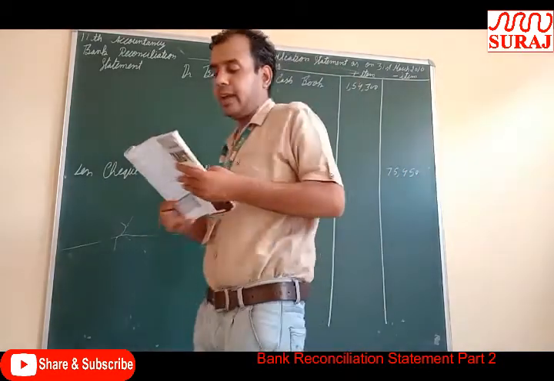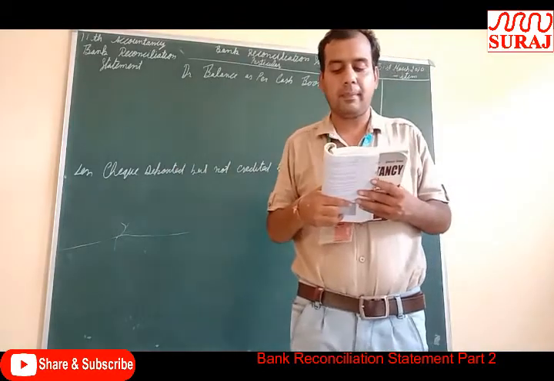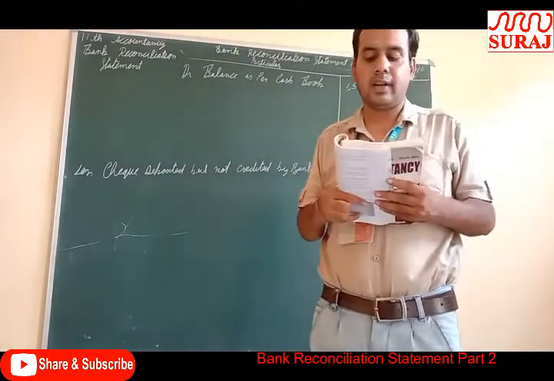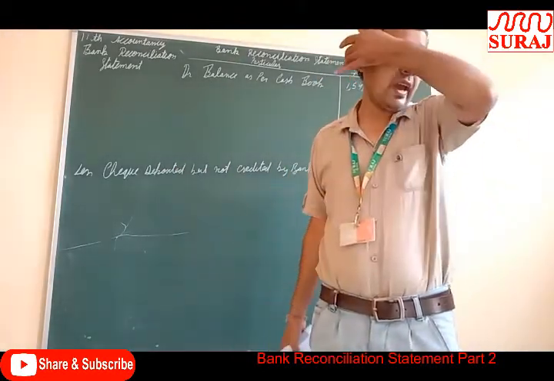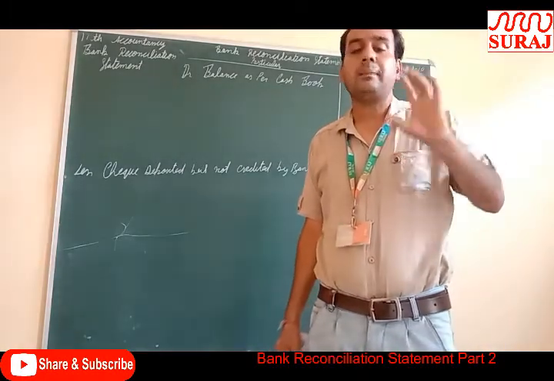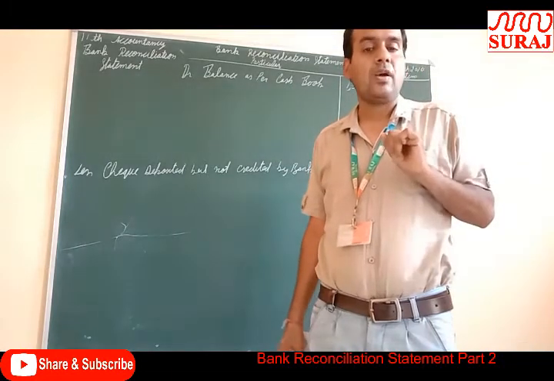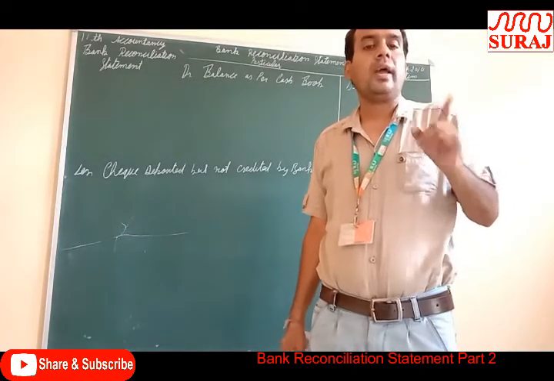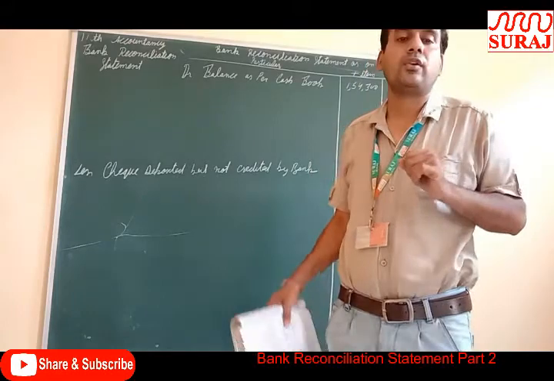Next, cheque issued but not presented for payment, 80,760. If you issue the cheque, then you decrease the cash book, but it is not presented for payment, so the passbook remains the same. For reconciliation, you should increase the cash book, and it's your plus item.